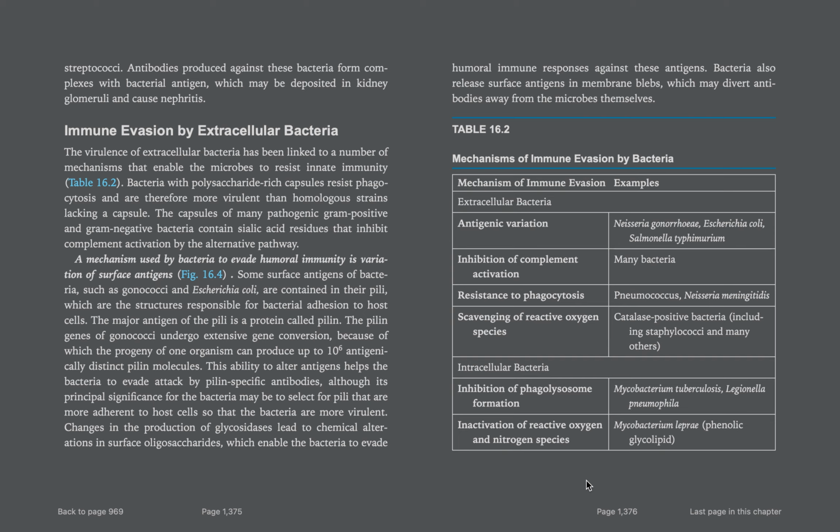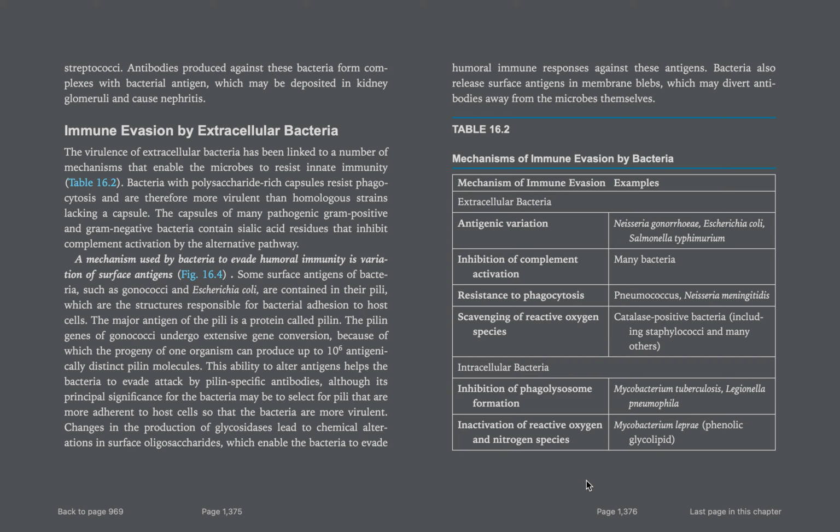The major antigen of pili is a protein called pilin. The pilin genes of gonococci undergo extensive gene conversion, because of which the progeny of one organism can produce up to 10 to the power 6 antigenically distinct pilin molecules. This ability to alter antigen helps the bacteria to evade attack by pilin-specific antibody.